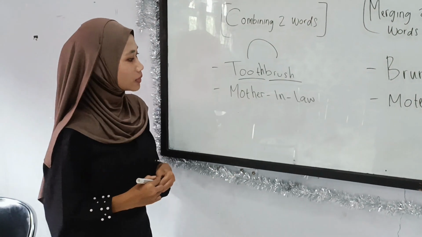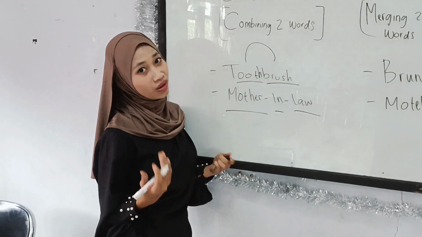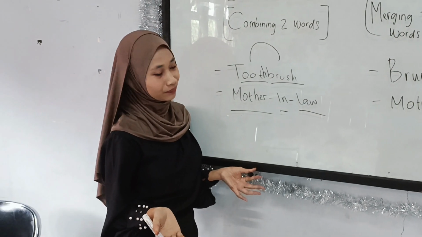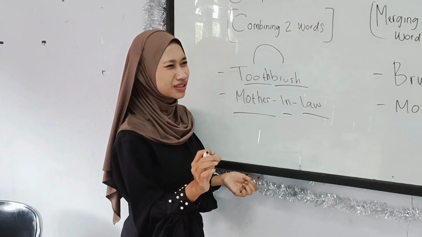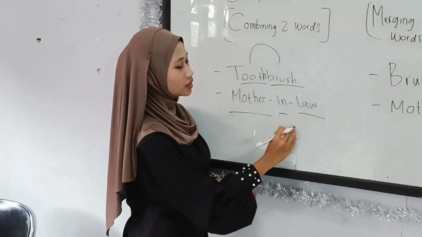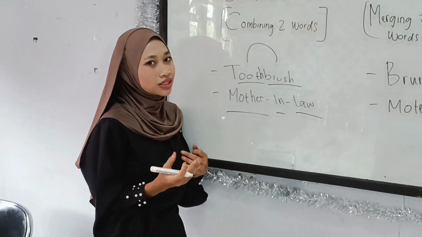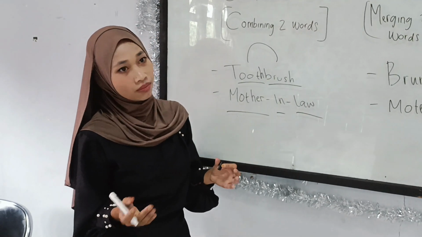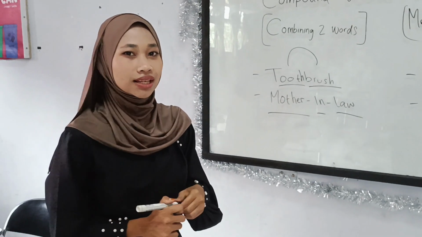And then the second is mother-in-law. They have three words. Mother is a mom, right? In is a preposition. Law is some kind of set of rules. But when they come together, mother-in-law, the new meaning is a relative by marriage. Mother-in-law, right? And then let's go to the next.